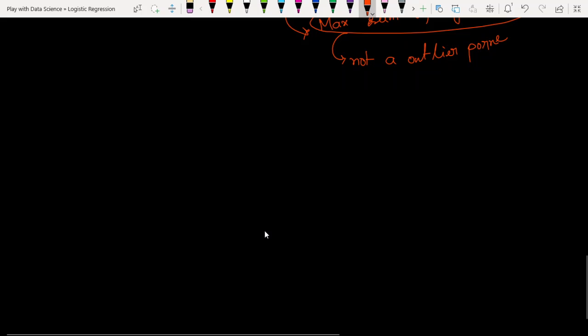To avoid this, we use the squashing technique. So let's start. What is squashing?